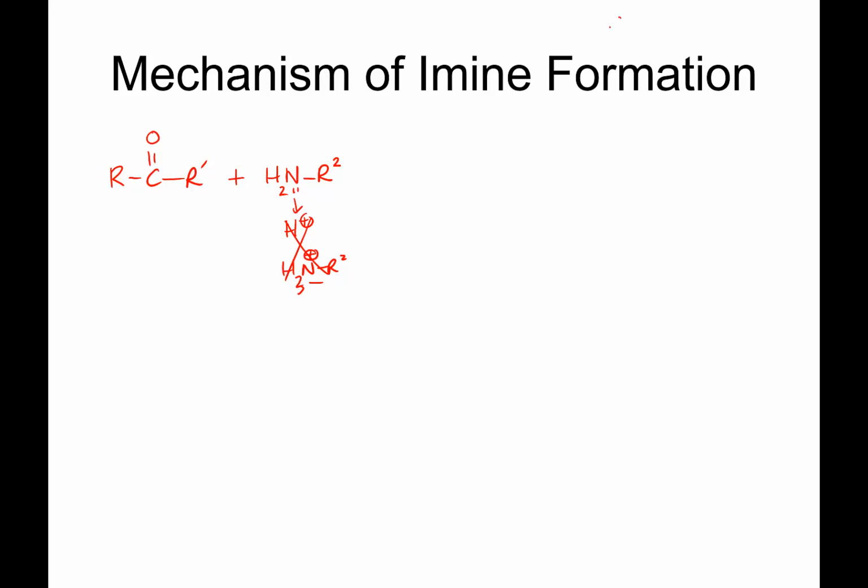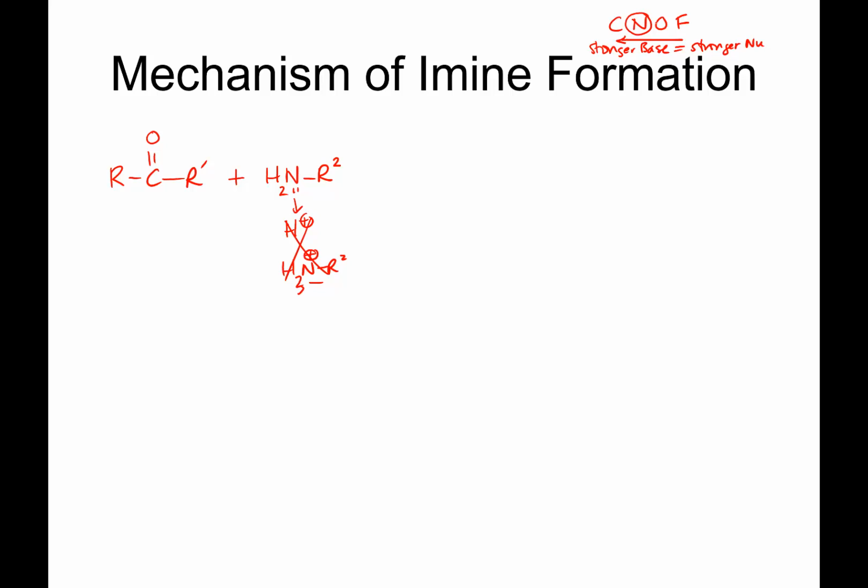If we remember from our periodic table, as you go from right to left on the periodic table, you form a stronger base. You also form a stronger nucleophile. So nitrogen is a stronger nucleophile than oxygen.